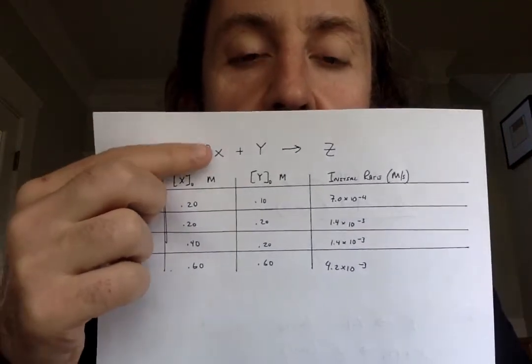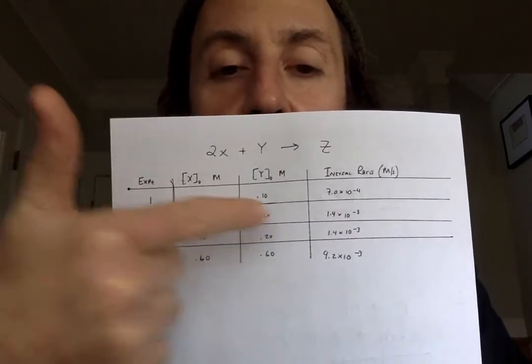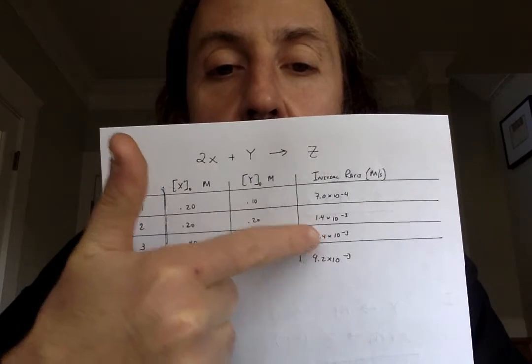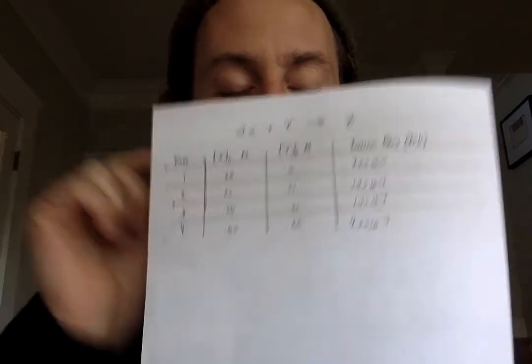So we're first going to start out looking at this right here. So here's a reaction: 2x plus y yields z. And they give us our trials here. So the first thing I'm going to do is look at x, and to do x, I'm going to use trials 2 and 3, because x doubles, y stays the same, and the rate in 2 and 3 stays the same.